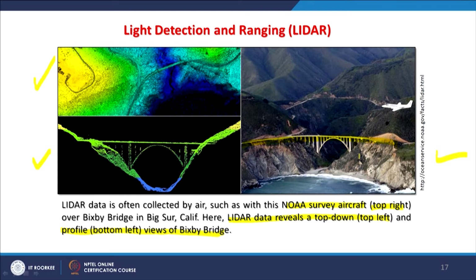So the right one is the visible part, whereas the left one and the bottom left are based on the LiDAR. Here, whatever the distance you are standing from, you can also measure the distance as well as map the things as shown here.